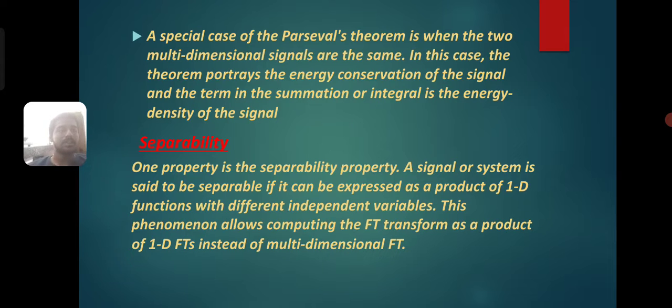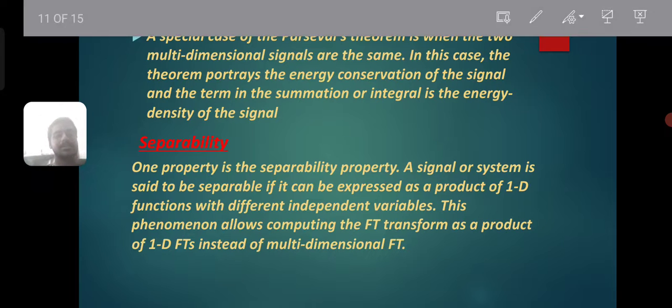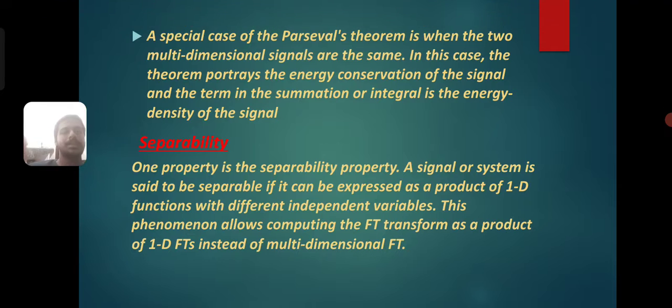A signal or system is said to be separable if it can be expressed as a product of 1D functions with different independent variables, which allows computing the FT as the product of 1D FTs instead of a multidimensional FT.